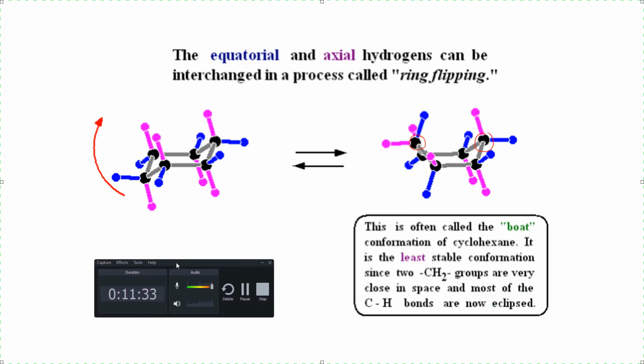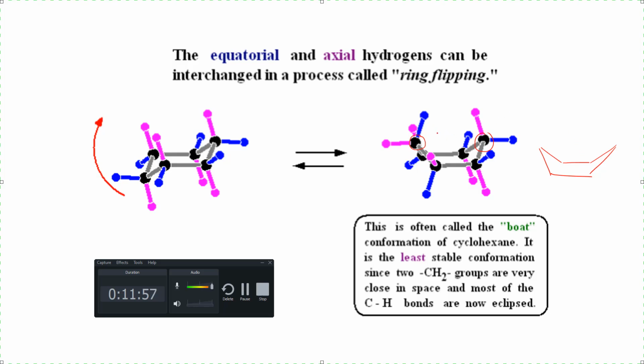Because this is rotation around a single bond, this is a conformation, and this conformation is called the boat conformation. The boat conformation would basically look like this if I sketched it out. It really should be called the canoe conformation, because that's what it looks more like.